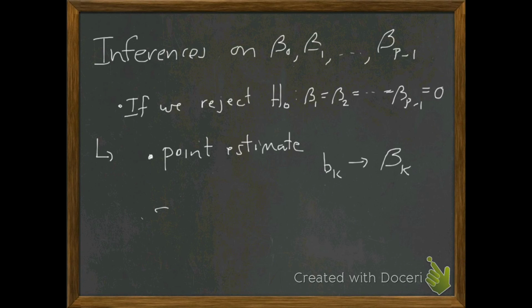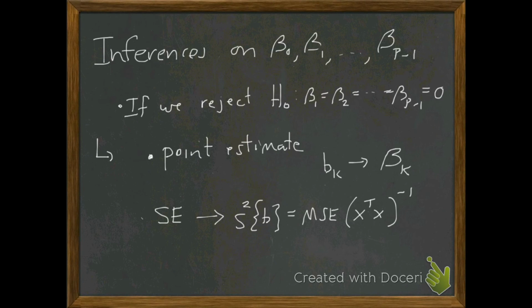We also need our standard errors, and it turns out we've got it, because the standard errors squared for our betas can be found by taking the mean square error times the quantity X transpose X inverse.